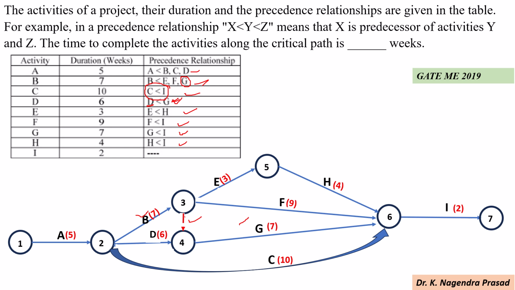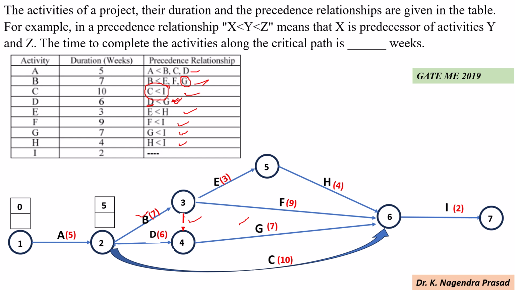We start at the starting event, and consider the starting time to be 0. Next for activity A, 0 plus 5, it is 5.